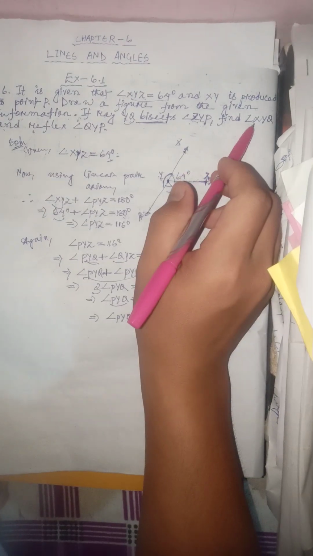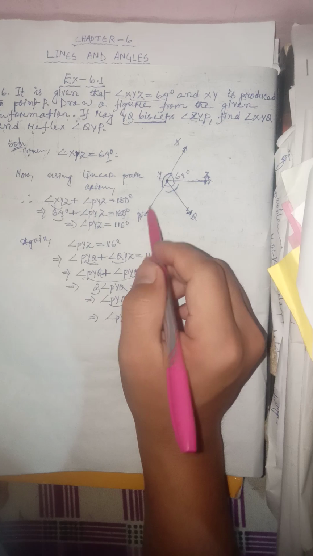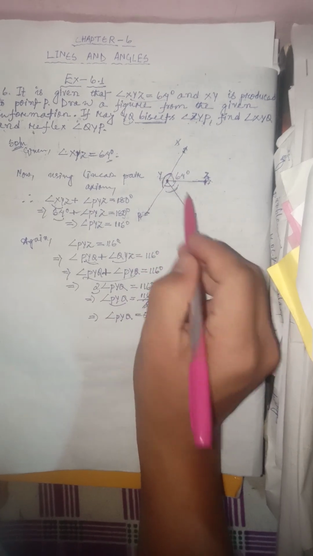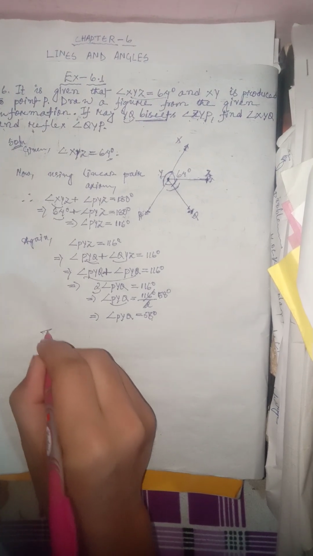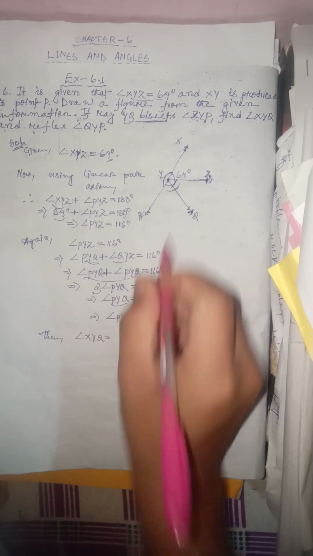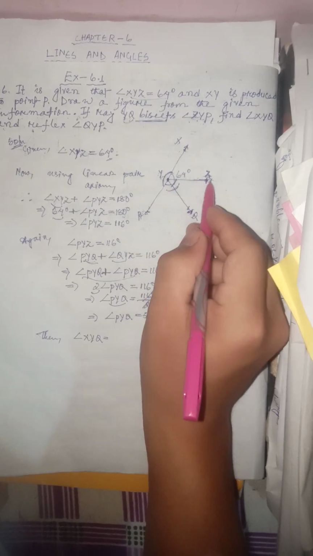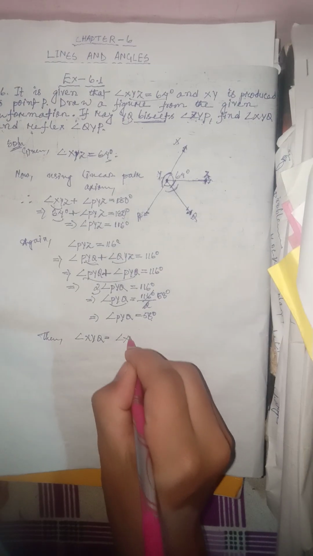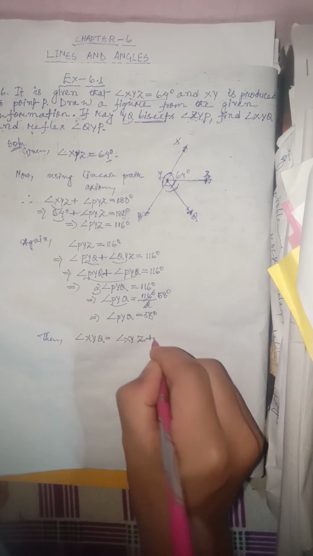Then our next step would be to find the value of XYQ. Where is that? XYQ, this one. We need to find this value. Now let us start solving this one. Angle XYQ is a sum of angle XYZ plus angle ZYQ, right?